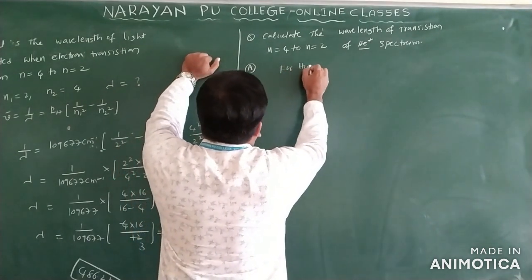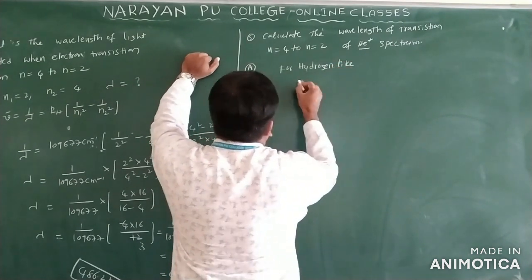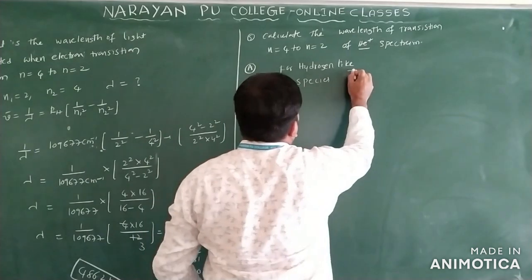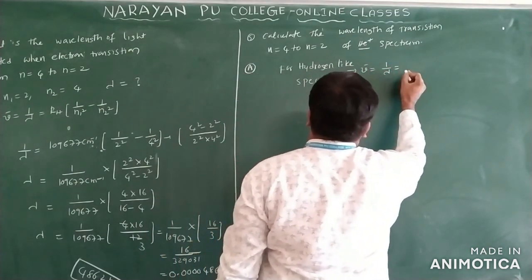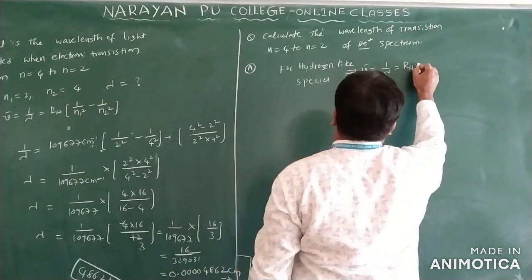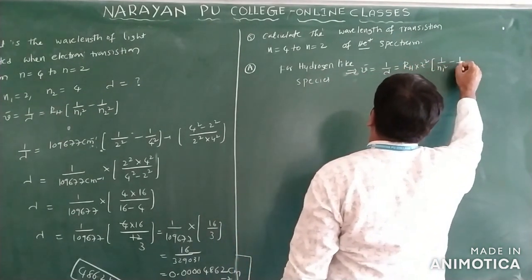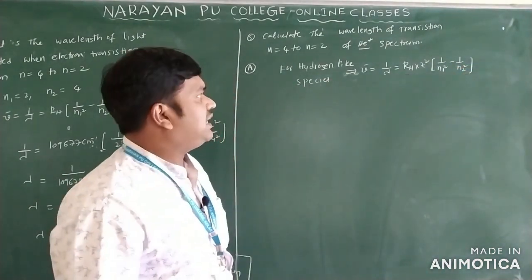Nu bar is equal to 1 by lambda, that is equal to RH into Z square into 1 by N1 square minus 1 by N2 square. This is for hydrogen like species only.